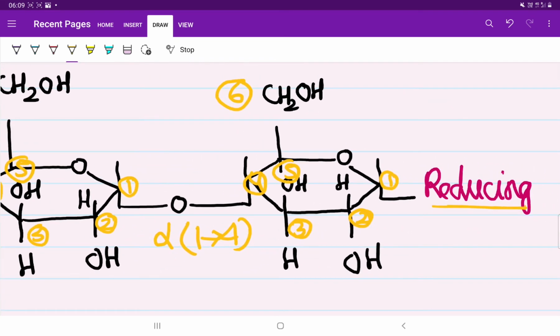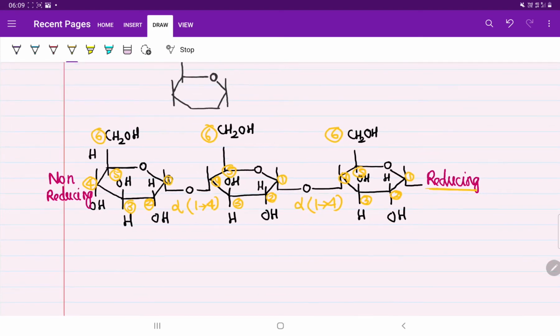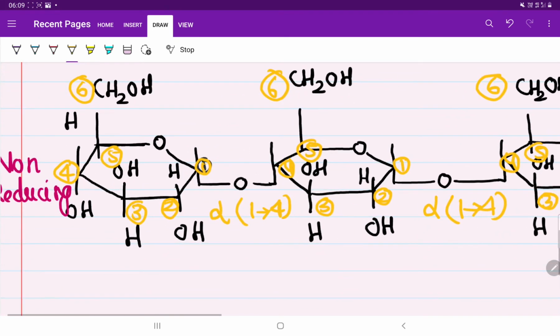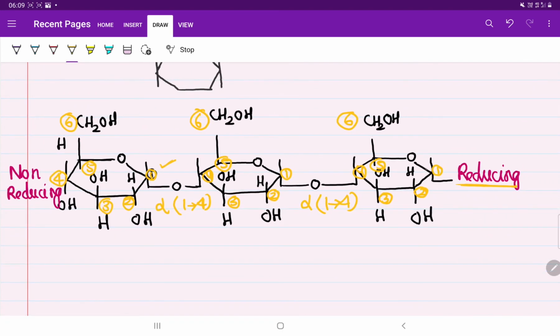So if the anomeric group is free, we call it reducing. The first carbon is engaged in formation of a glycosidic bond in the others, so first or second or third or n number except the last one, everyone's first carbon is involved in a glycosidic bond, so we call it non-reducing. The first end will be non-reducing, the last end will be reducing.